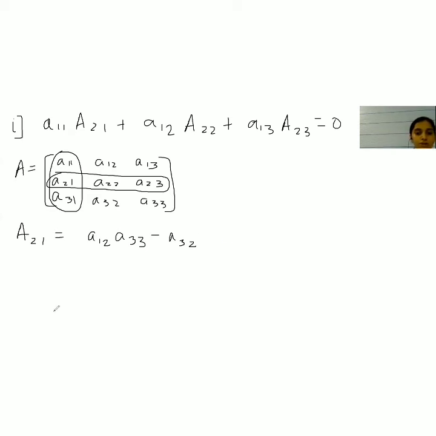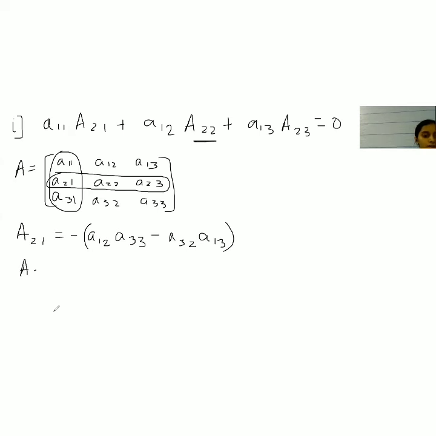This is A21. Now observe the ij. It is 2, 1, that is, addition is odd. So if it is odd, then we put a minus sign. So this is A21.